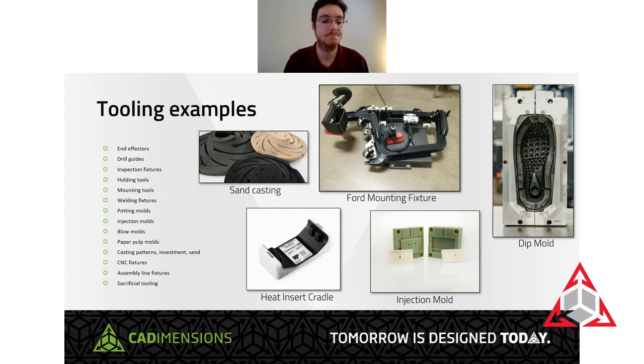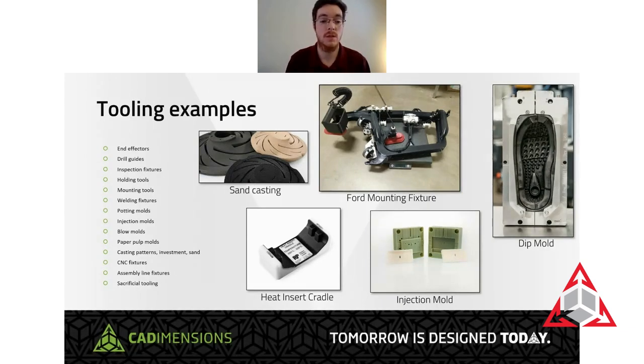Then there's a heat insert cradle. That's a PolyJet part. The white outer surface is rigid, and then the black is a soft touch, non-marring material. Then there are also injection molds. That's a very common application that we see or at least talk about. You can do it with PolyJet with digital ABS.